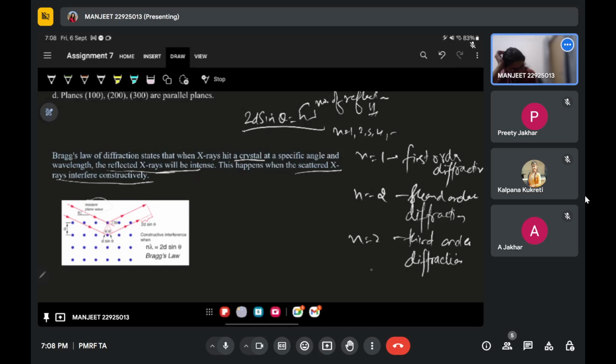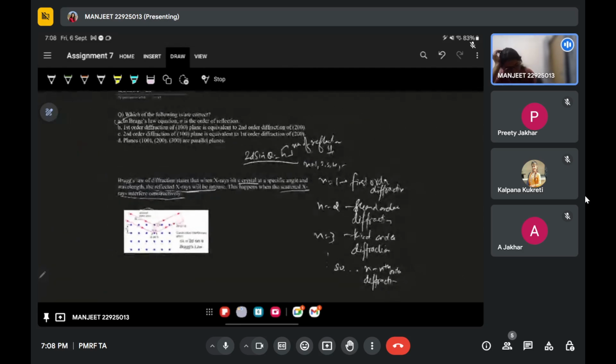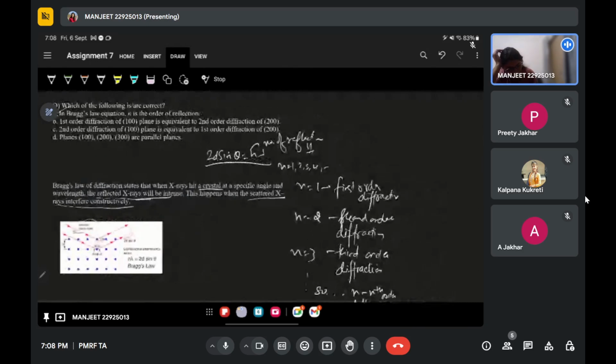So it will keep going on, and n will be the nth order diffraction.